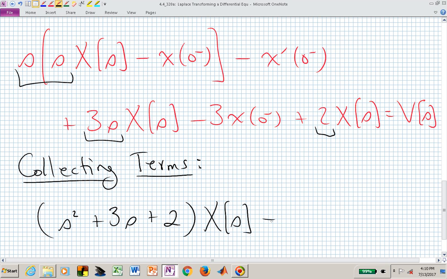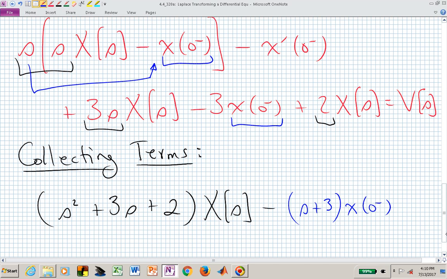Now we need to take care of all of the terms that involve x at 0 minus, and I see that we have this scaling, and it has a minus sign, and we have another x of 0 minus there, and it has a minus sign also, so we have s plus 3, all with a minus sign, times x of 0 minus.